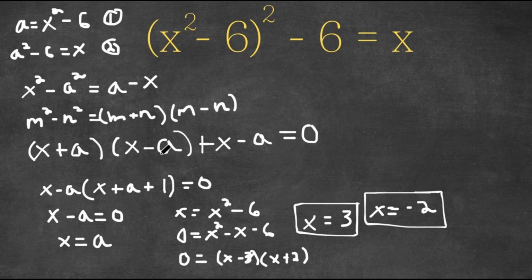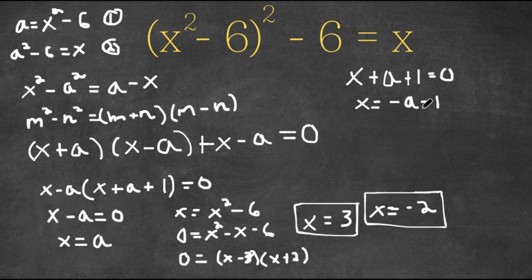However, there is still another equation. We still have x plus a plus 1 equals 0. If x plus a plus 1 is equal to 0, that means x is equal to, I'm going to move everything to the right hand side, -a minus 1.